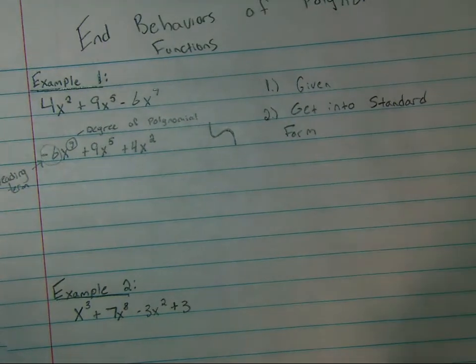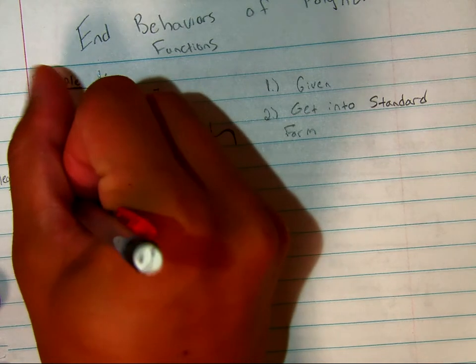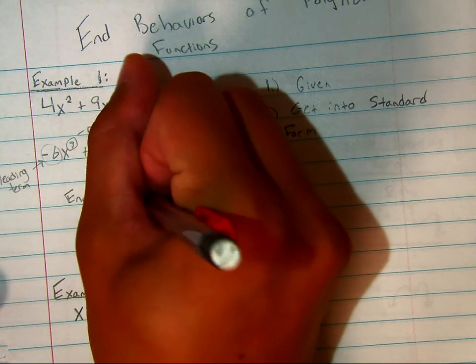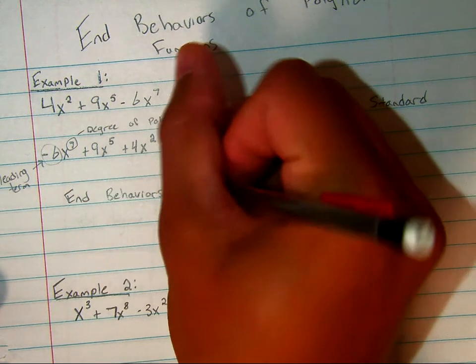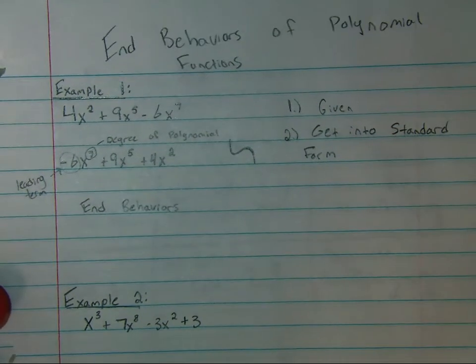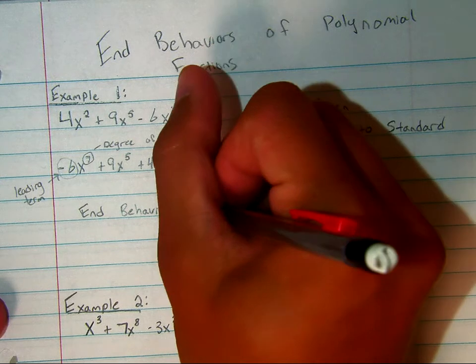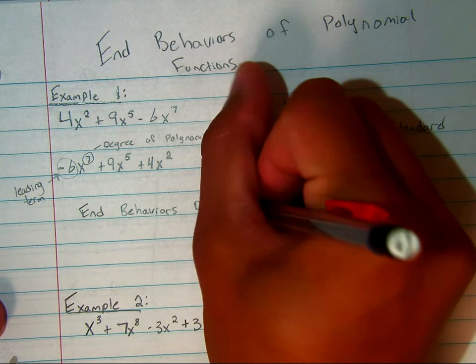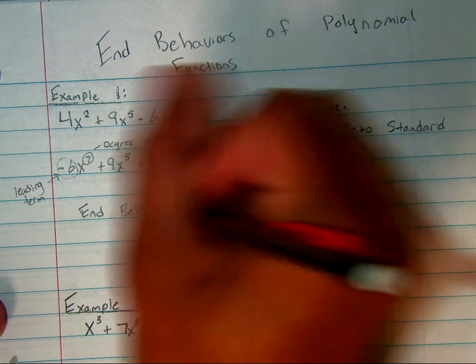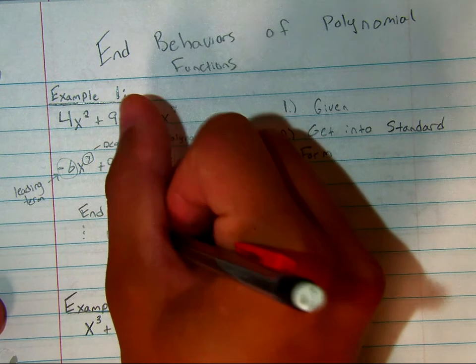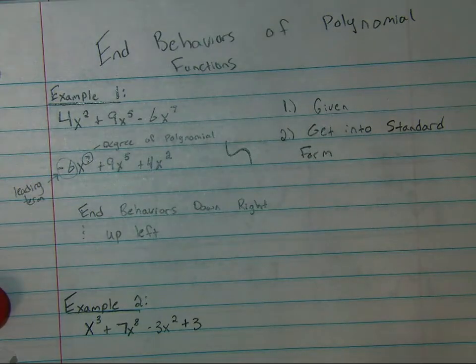So here I can write end behaviors: we said we're going to go down right and up left.